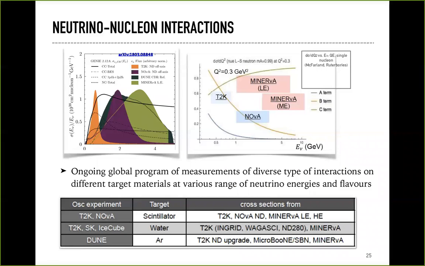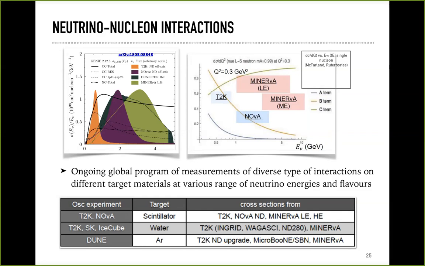But what is important that I wanted to highlight is that there is an ongoing global program of measurements of different types of interactions, different materials. And this is really important because in order to understand the models, the interactions, you need to try to over-constrain the different cross-sections using different targets and experiments.